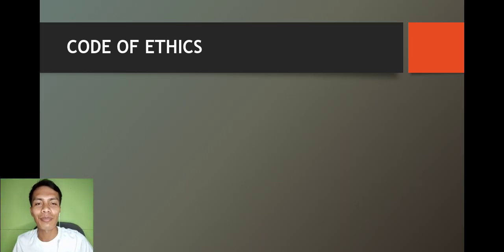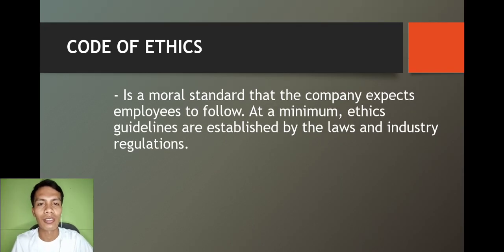So let's start with the definition of the code of ethics. What is code of ethics? It is a moral standard that the company expects employees to follow. At a minimum, ethics guidelines are established by the laws and industry regulations.